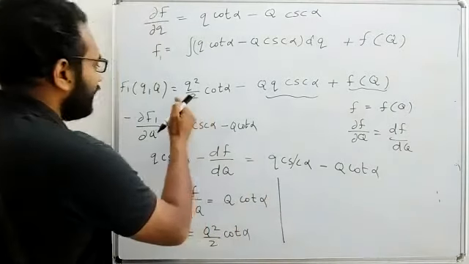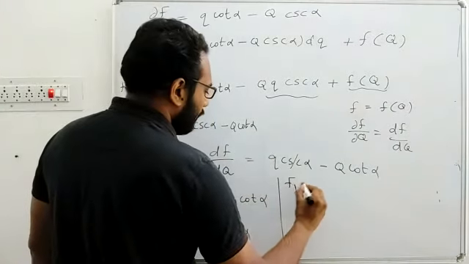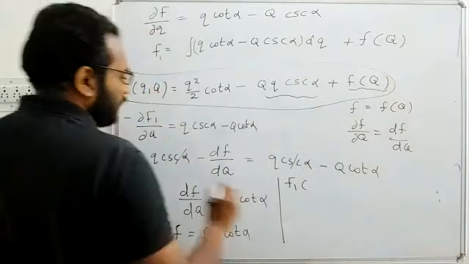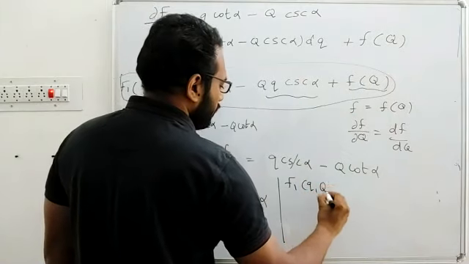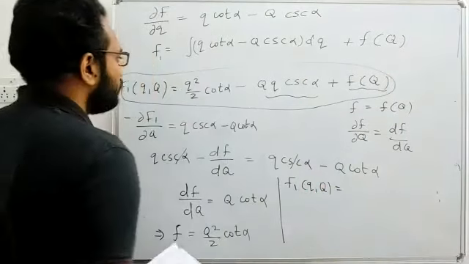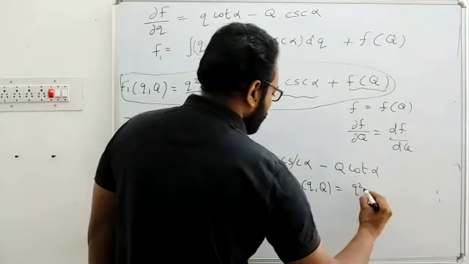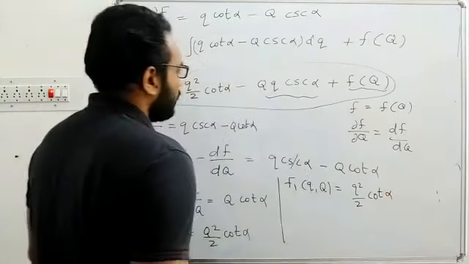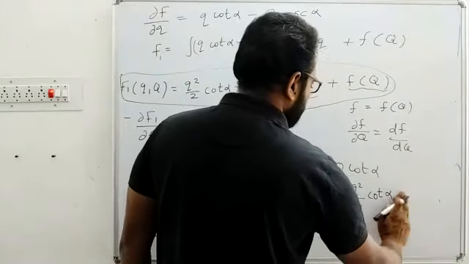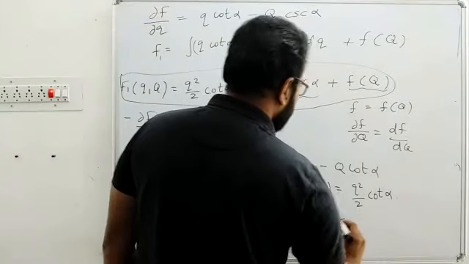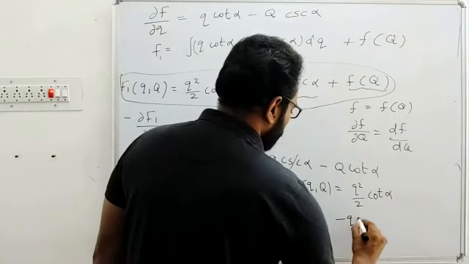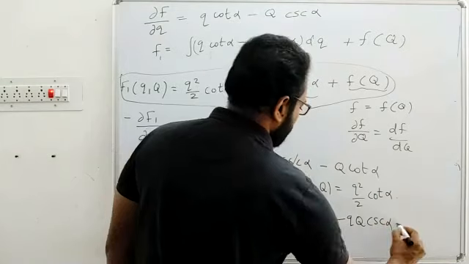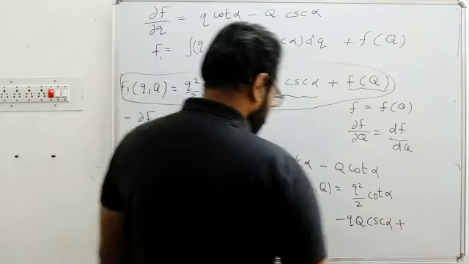Now what's our total generating function? F1 of q comma Q, you just substitute this thing here. F1 of q comma Q is equal to q square by 2 cot alpha minus q Q cosecant alpha plus Q square by 2 cot alpha.